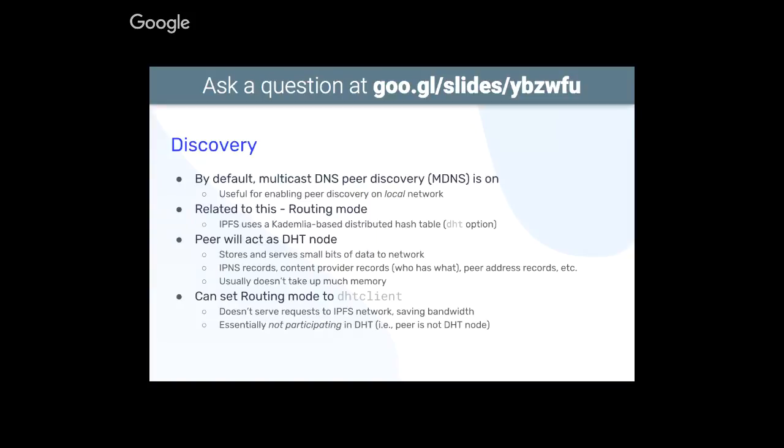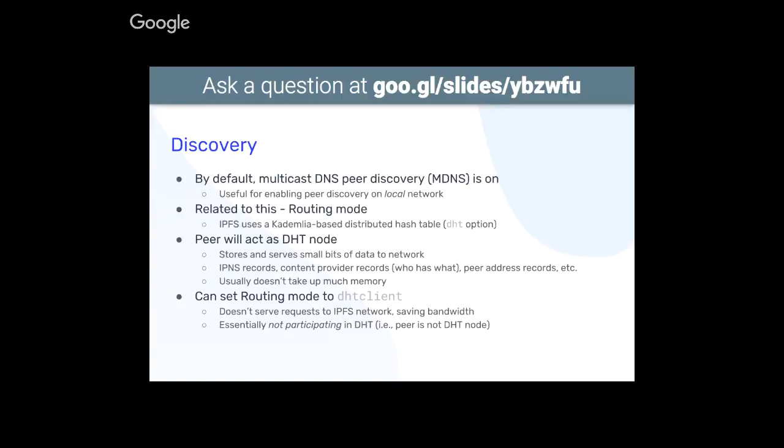Things like IPNS records, content provider records, so who has what content, peer address records, etc. It usually doesn't take up that much memory, but constantly answering DHT queries can increase CPU usage. So particularly on light clients like mobile nodes, this can be a bit of a burden. So what you can do is you can actually set the routing mode to something like DHT client.